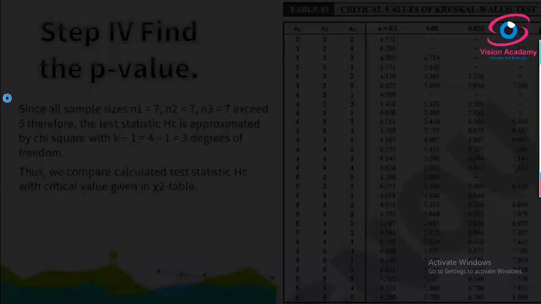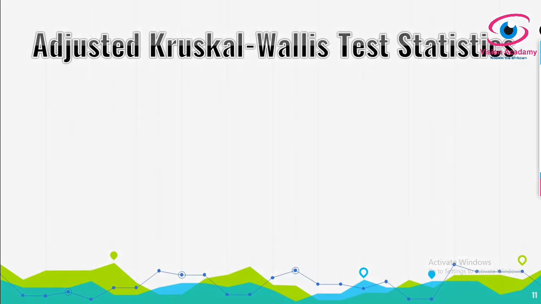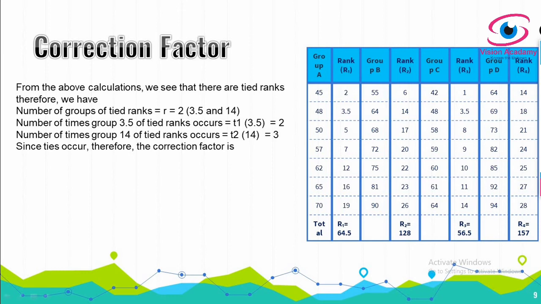But in this case, let us see that problem. We have 4 groups. There are no 3 groups; 3 groups are allowed in the case of the Kruskal Wallis test. But here we have group A, group B, group C, and group D. Since there are 4 groups, using the Kruskal Wallis test we cannot consider the table value for this.